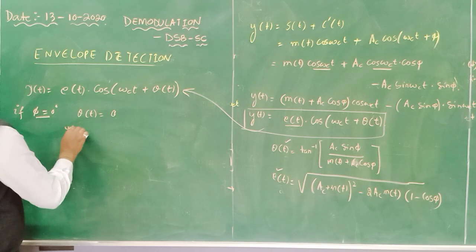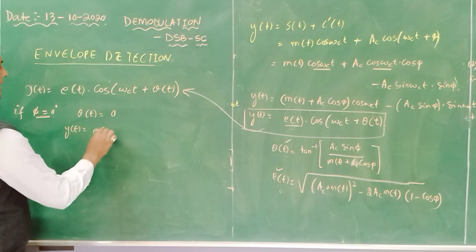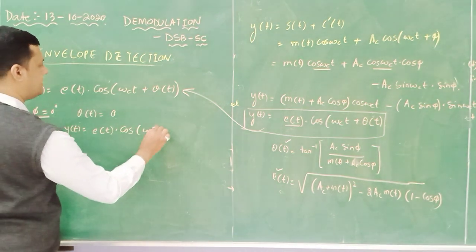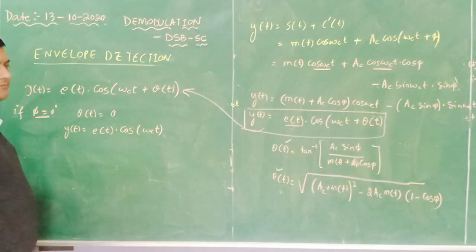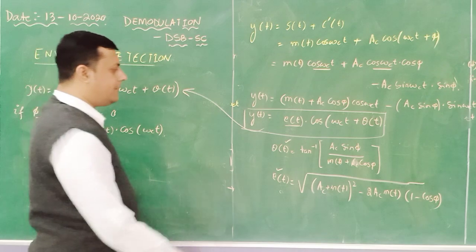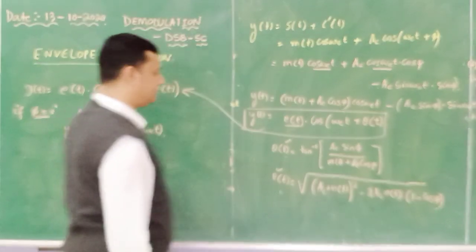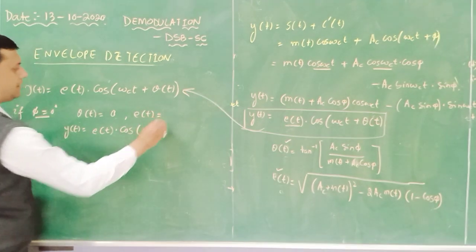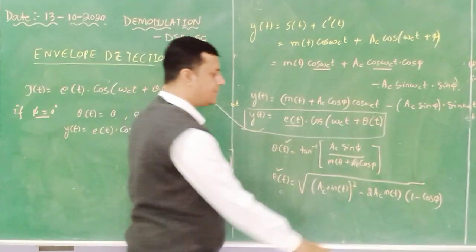So my y of t, we have E of t and cos omega ct. Done. Now I need to calculate what is E of t. In E of t, you can see there is a cos phi term.